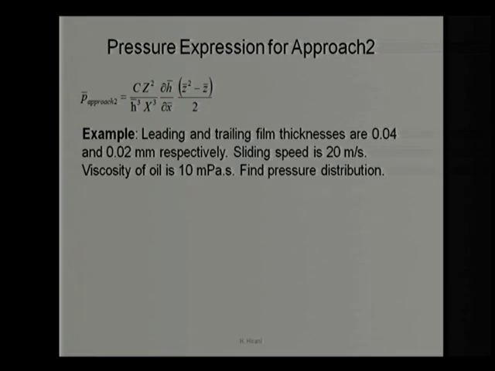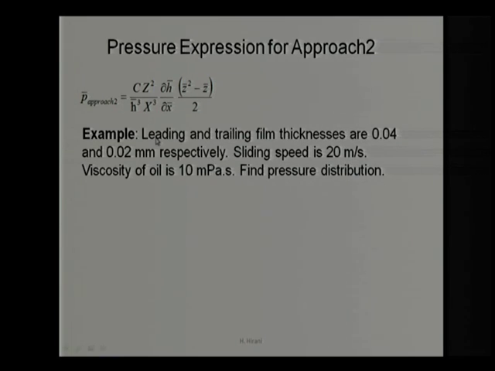So, this is the expression. Now, we can substitute values for an example. We are continuing the same example which we did for approach 1, now doing approach 2 independently. Of course, this will allow us to find out whether we have made any mistake in the derivation or not.